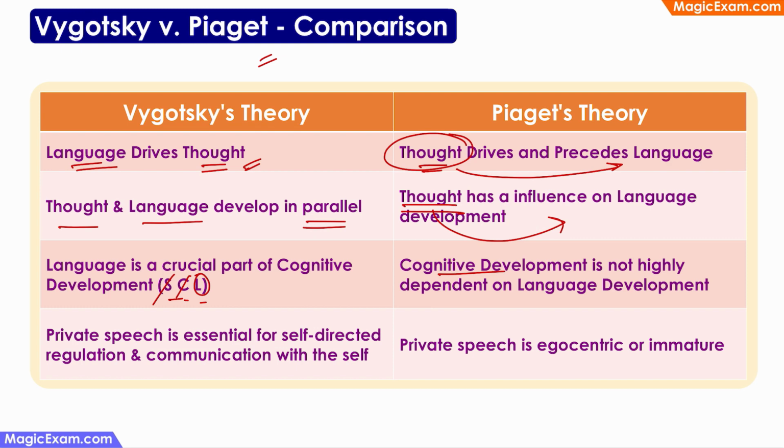He says that cognitive development and language development are connected, but they don't influence each other to a large extent. And in Vygotsky's theory, he says that private speech is very, very essential because it is self-directed regulation and self-communication. Whereas Piaget says that private speech is just egocentric or immature, and he doesn't give it a lot of importance. So these are some of the important differences between Vygotsky's theory and Piaget's theory when it comes to the development of language.